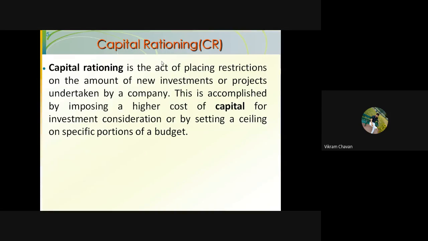Okay, shall we move ahead to the next slide? Have you noted what is meant by capital rationing?